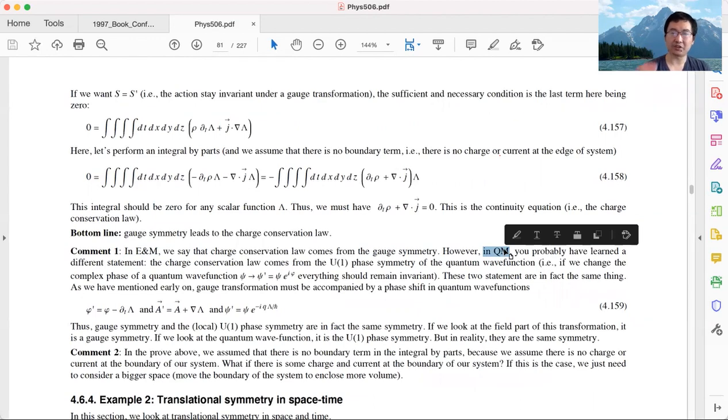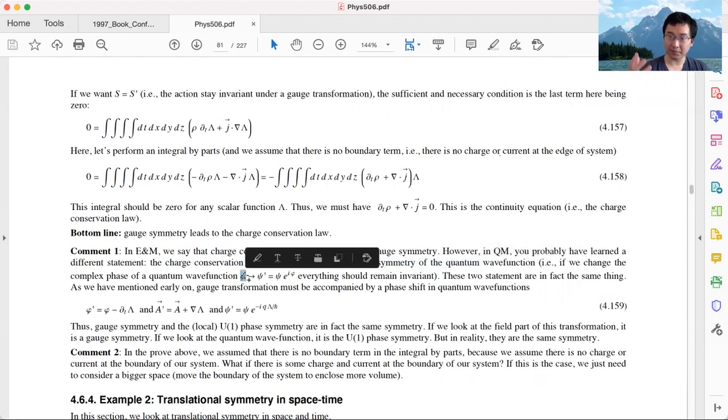In quantum mechanics, we say the charge conservation law comes from the U(1) phase symmetry of the quantum wave functions. What does that mean? The U(1) phase symmetry means I have a wave function psi. I can change the complex phase of this psi, multiplying the wave function by a complex phase e to the i phi, and now I get a new wave function psi prime.